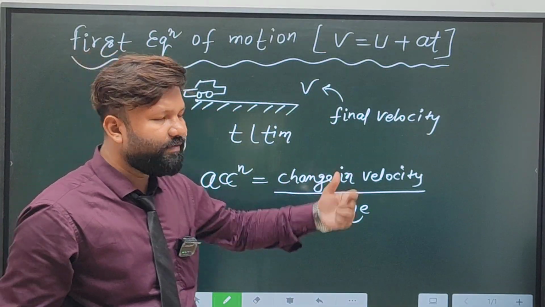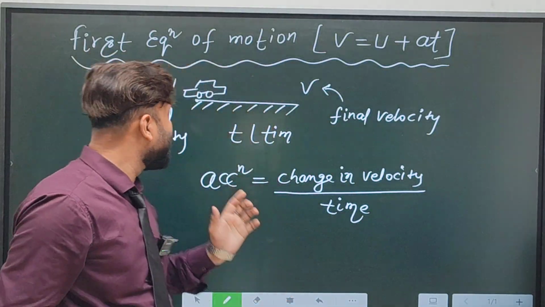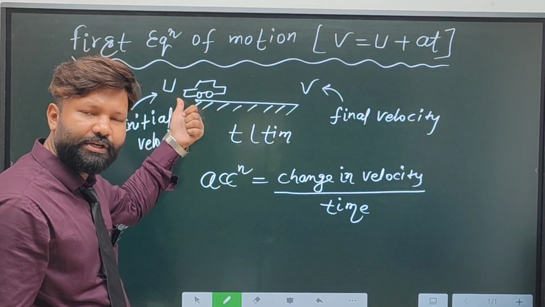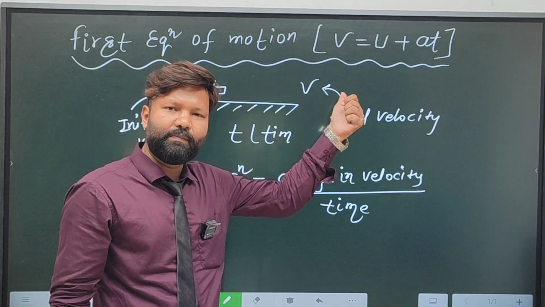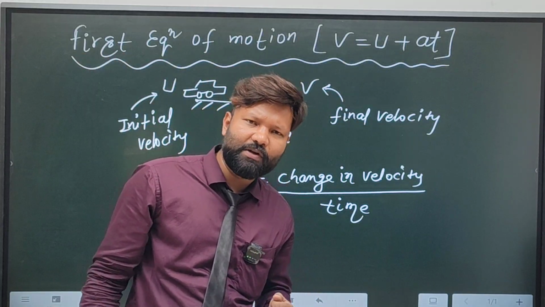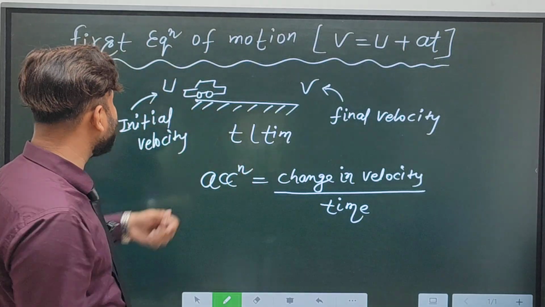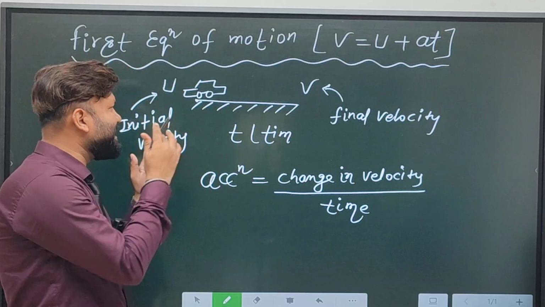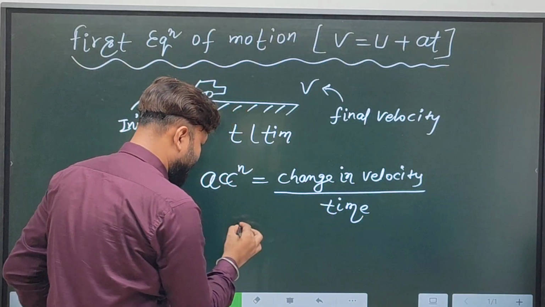Students, what is change in velocity? Change in velocity means, here you have learned that the car is moving with initial velocity U, after time t, final velocity becomes V. So change in velocity means final velocity minus initial velocity. So initially the velocity is U and finally the velocity is V. So what is the change between them? That is the change in velocity.